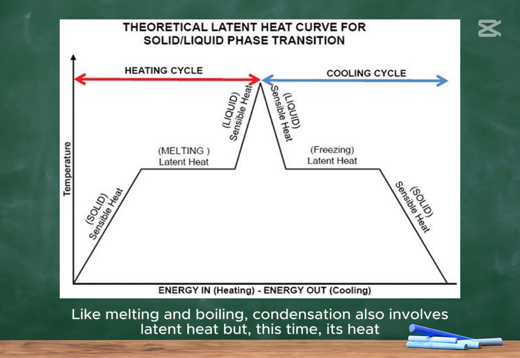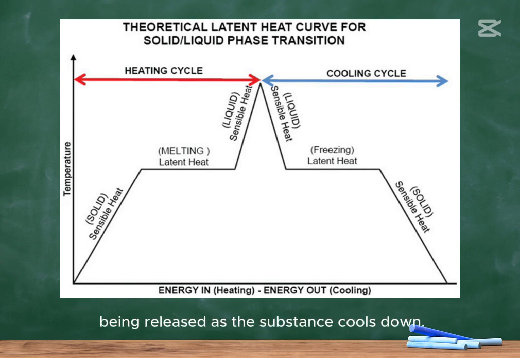Like melting and boiling, condensation also involves latent heat, but this time, it's heat being released as the substance cools down. Finally, as the water continues to cool, it eventually reaches 0 degrees Celsius and freezes into ice. During freezing, heat is released and the temperature stays constant at 0 degrees Celsius until all the liquid water has turned into solid ice.